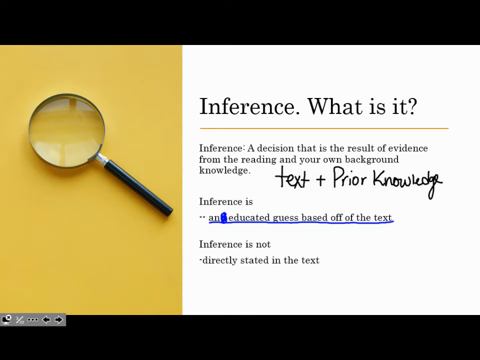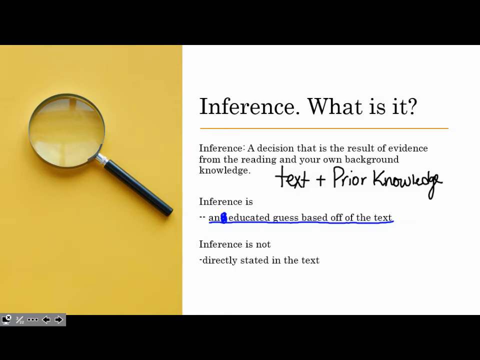And I know that if I'm making an educated guess, I'm making a guess that best fits the information that I already know. I could randomly guess, and I would just be saying, I'm going to pick C every time that I answer a question. That's pretty random. What we want to do is we want to be making educated guesses. That means we are choosing the option that makes sense based off of the things that I read and based off of the things that I know.